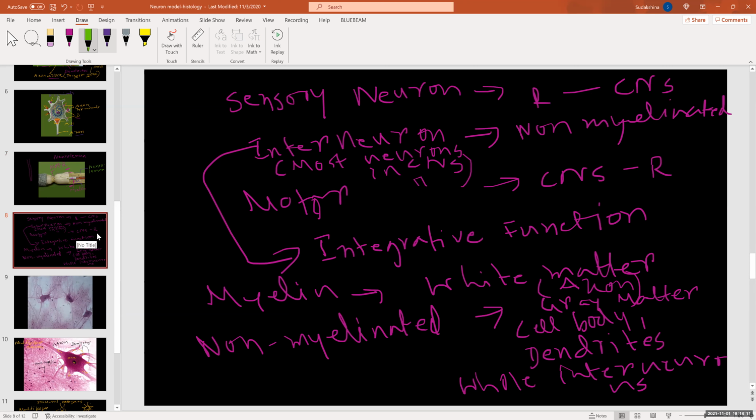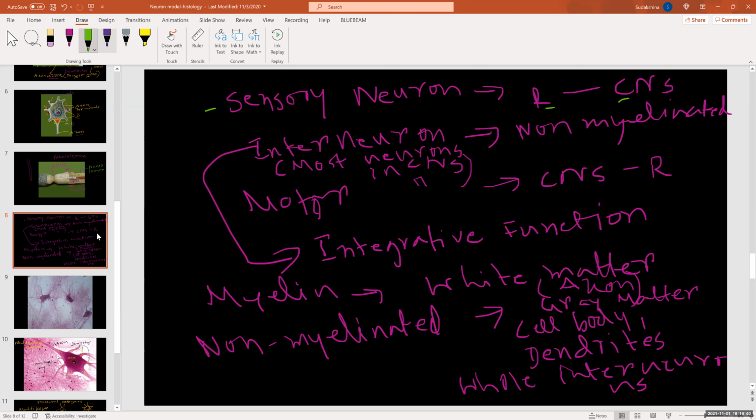There are several types of neurons. There are some neurons that are sensory neurons, which basically go from periphery to CNS. We talked about receptors, basically. Receptors are nerve endings that first respond to a stimulus everywhere. Receptor to CNS is a sensory neuron.